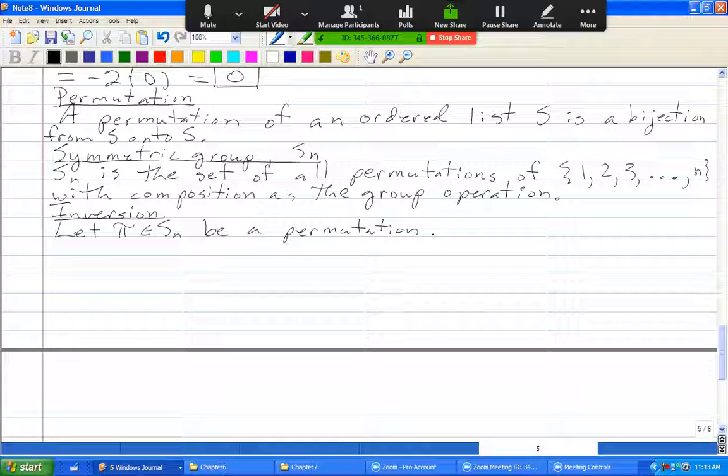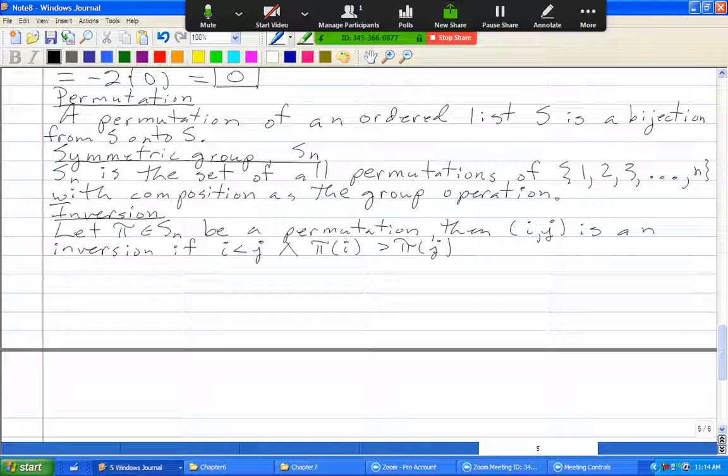Then let's say ij is an inversion if i is less than j, but the order here is reversed.